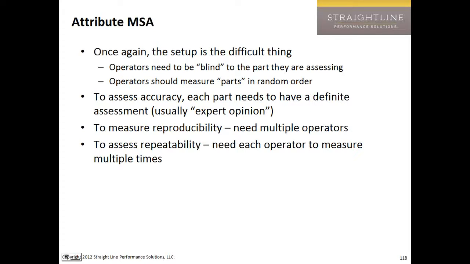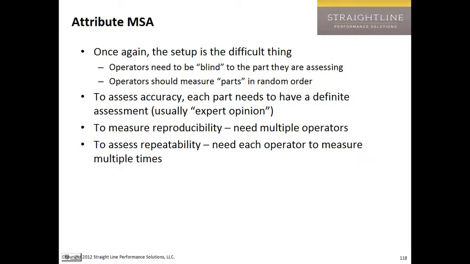Just like in gauge R&R for the continuous case, the operators need to be blind to the part that they're assessing, especially if you're doing repeats. So if I'm going to give somebody the same phone call and I want them to categorize it, I've got to probably separate it by a certain amount of time so they don't recognize the same thing, or I have to make one that's just about like that.